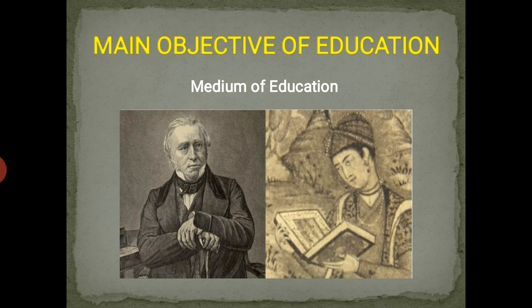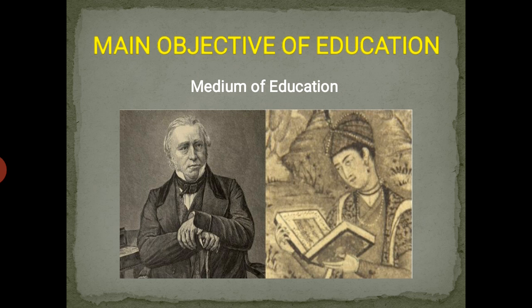Lord Macaulay supported the Anglicists, that means Lord Macaulay favored the English medium, as the British wanted a class of Indians who would act as a link between the rulers and ruled and provide cheap manpower for the lower levels of administration. Again, Lord Macaulay also believed that teaching Western education through English as a medium would civilize the people of India.